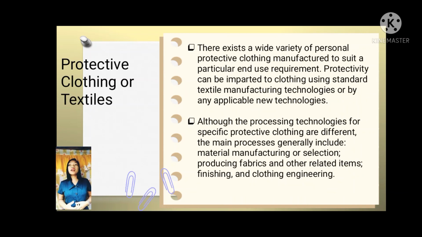Protectivity can be imparted to clothing using standard textile manufacturing technologies or by any applicable new technologies. Although the processing technologies for specific protective clothing are different, the main processes include material manufacturing or selection, producing fabrics and other related items, finishing, and clothing engineering.